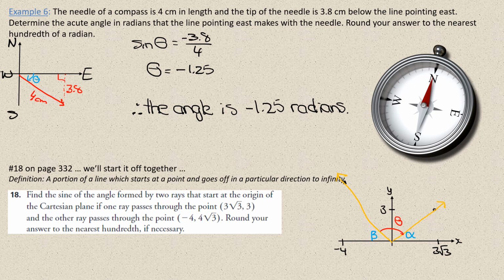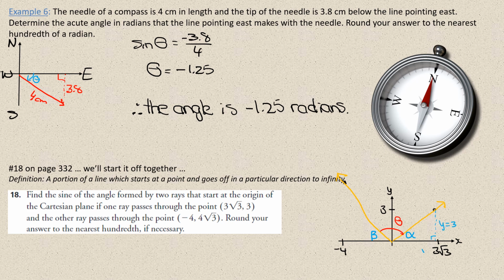So I've got three angles here, and let's look at the first one. I'm just going to drop a perpendicular line down here. I'm talking about the alpha angle here, so I know that this is my y value, that's a 3.